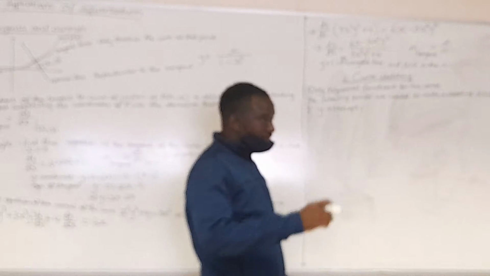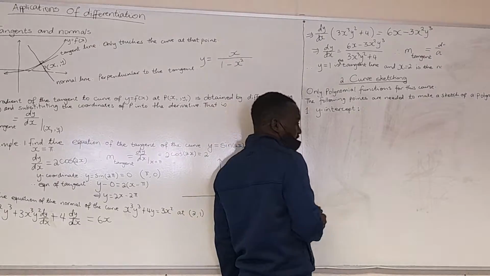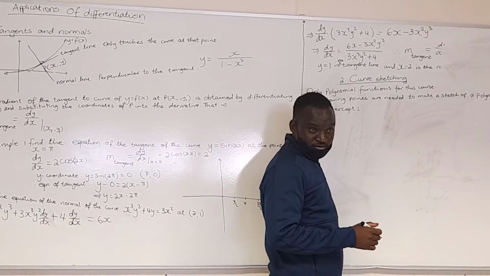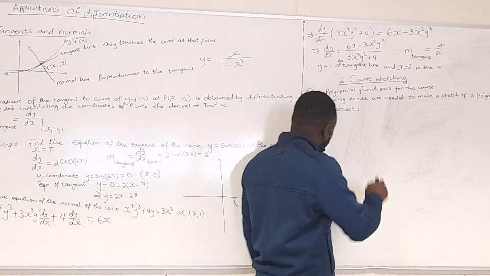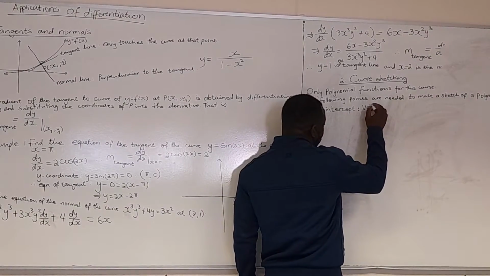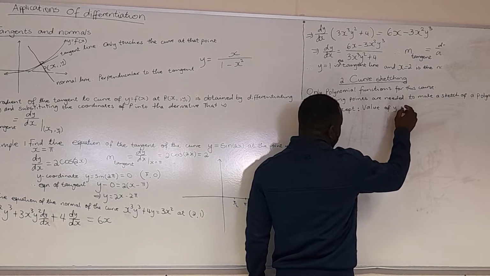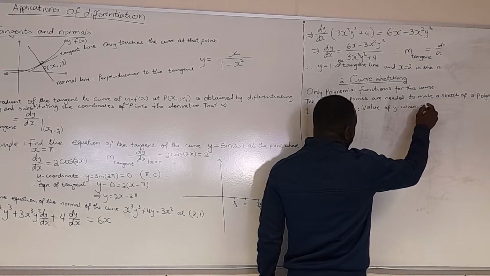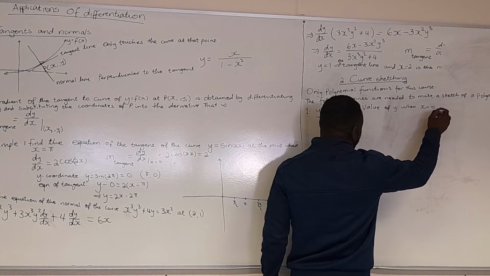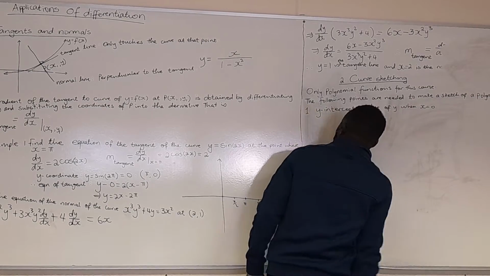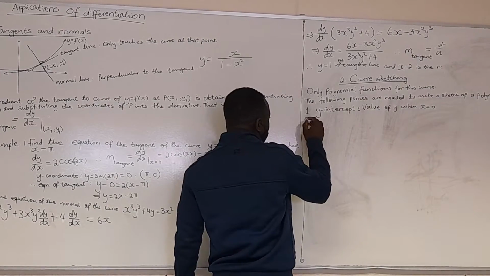It is the point where the graph cuts the y-axis. And how do you get the y-intercept? You equate x to 0. So this is the value of y when x is equal to 0. That is the point where the graph cuts the y-axis.